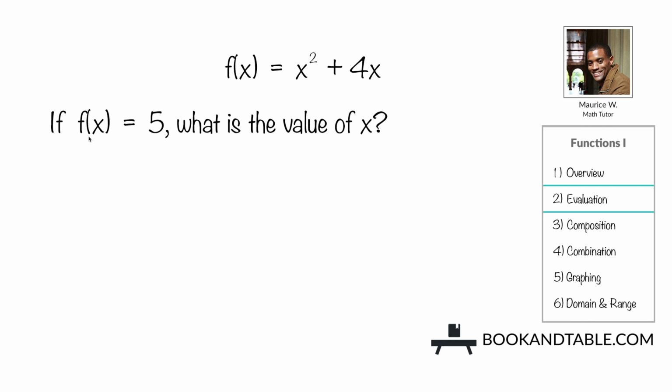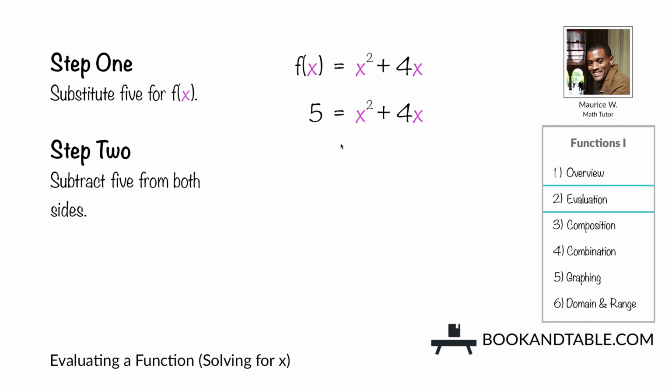So in the question, it states the function f of x is equal to 5. So we want to replace f of x in our function with 5 and then work backwards to find x. So the first thing we want to do is substitute 5 for f of x, giving us 5 is equal to x squared plus 4x.